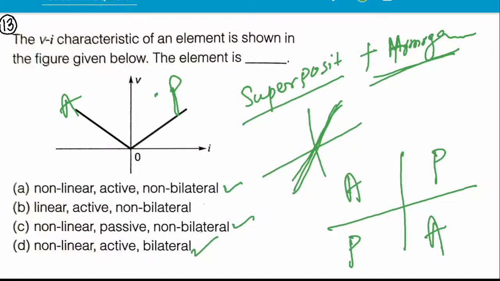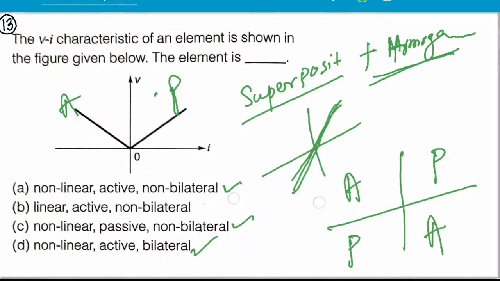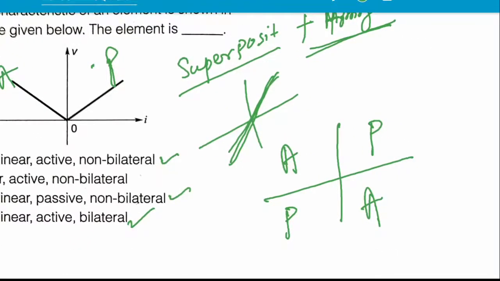And next is bilaterality. If an element is bilateral, then this will be like this. Suppose this one is like this, then in the third quadrant the shape will be the same but opposite, but here this is not the case.